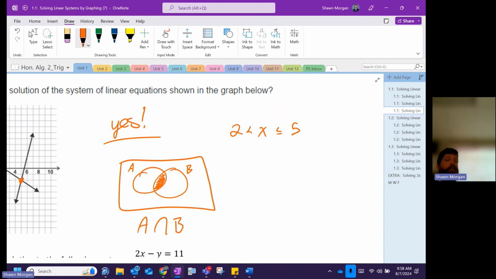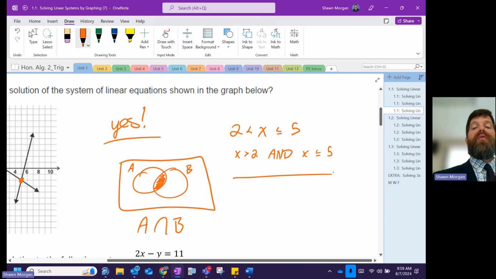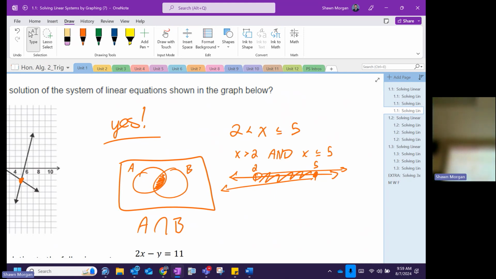Another way of writing that would be to say X is greater than 2 and X is less than or equal to 5. And when we graph that on a number line, guess what we're looking for? We're looking for the overlapped region. You know what I'm saying? So this word intersection is a powerful word in math.